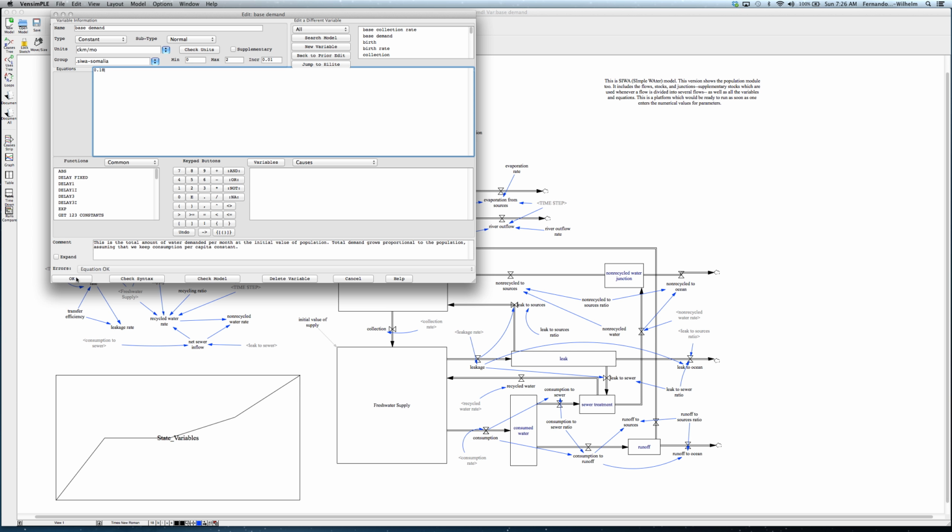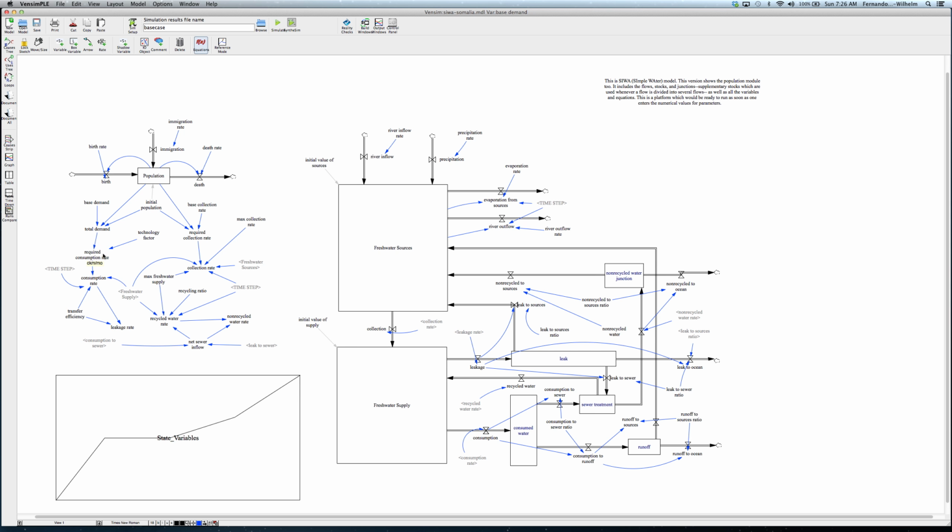The demand drives the consumption rate. The consumption rate has a couple of variables associated with it. There's a transfer efficiency, and we're going to get back to this in a second when we look at the freshwater part of the model, that also drives a leakage rate.